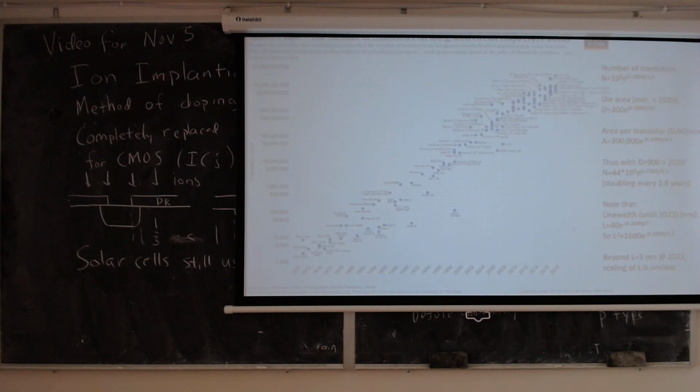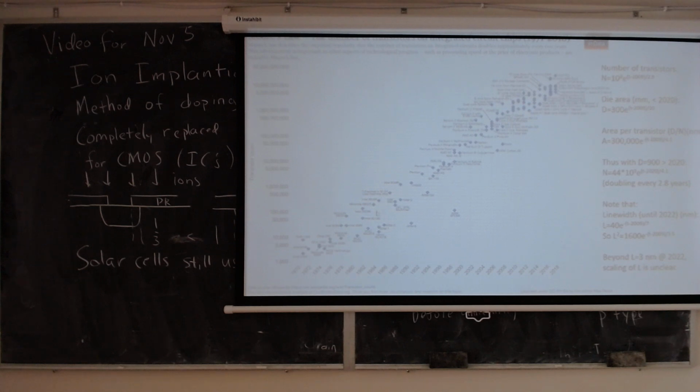This chart is called Moore's Law. And basically, it's a plot. I just took this right off the web, out of the Wikipedia article, and it's a plot of since 1970, when integrated circuits sort of started, to today. Well, not quite today, this goes up to 2018.